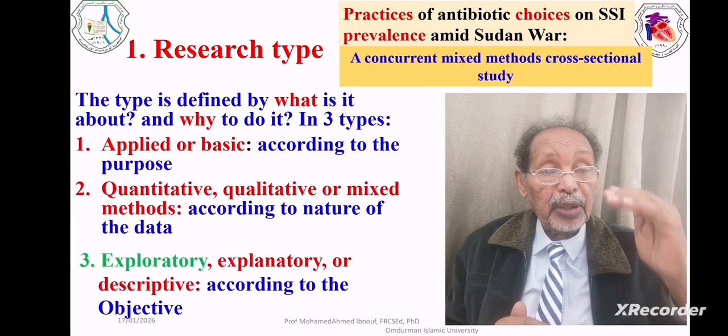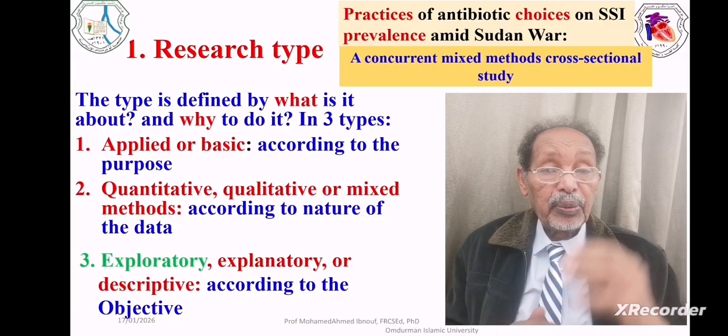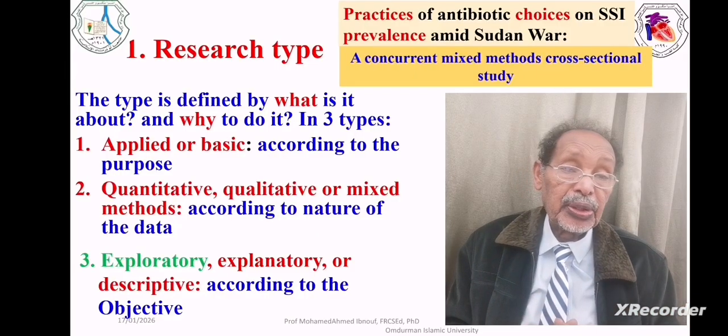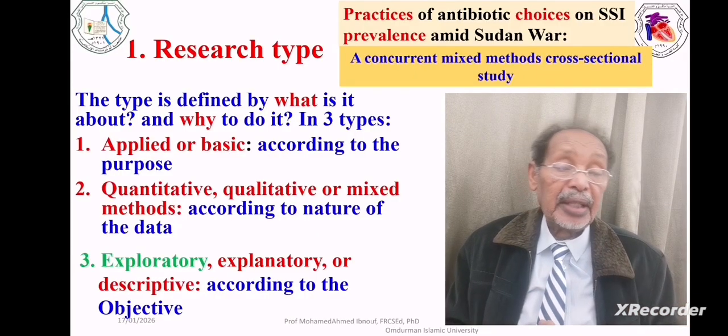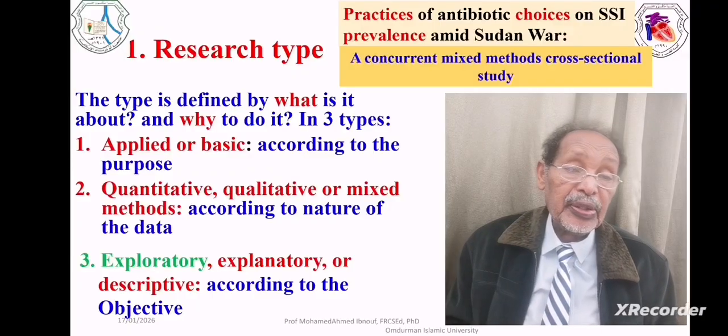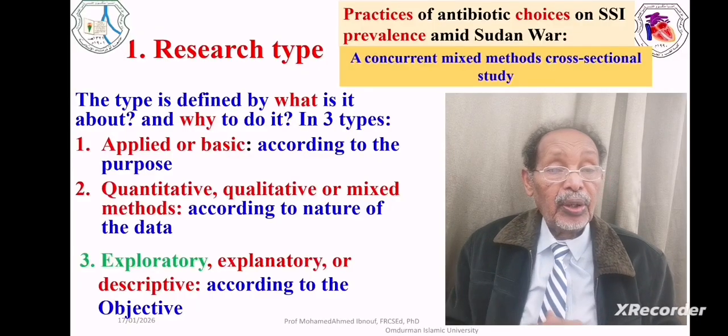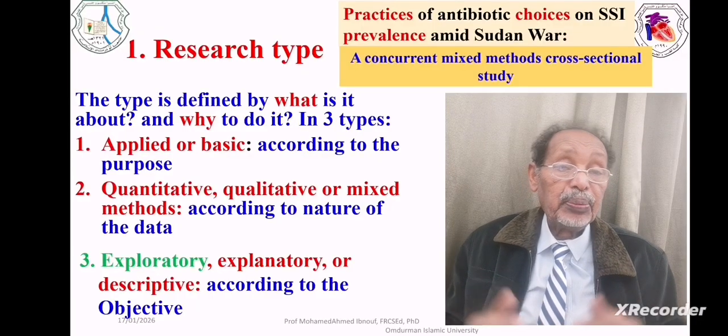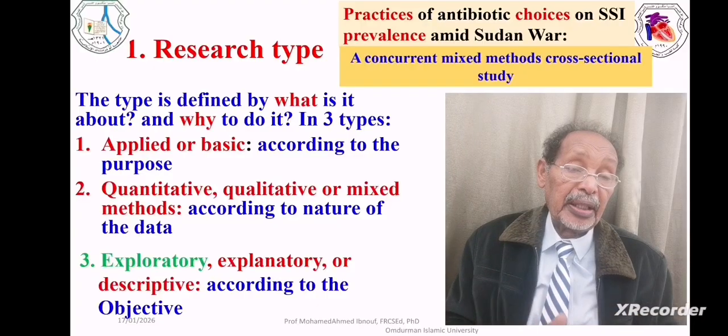But if we have done one, if we make a questionnaire and we ask the surgeons, and then after that we went and analyzed the data from the hospital records, then it will be sequential, one after another.